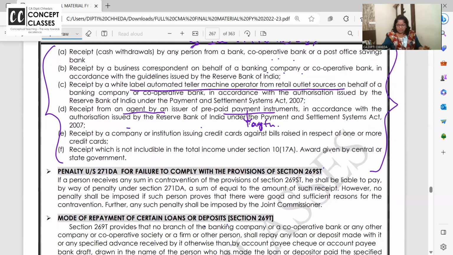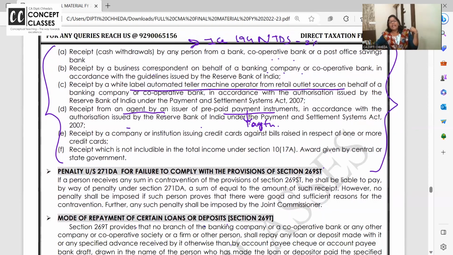Receipt from agent. Okay, now listen, I did shopping from a mall and I made payment through my card. You also did shopping in the mall and you also paid through card. So we both have, say, an HDFC card. Okay, HDFC's premium card is what we have.